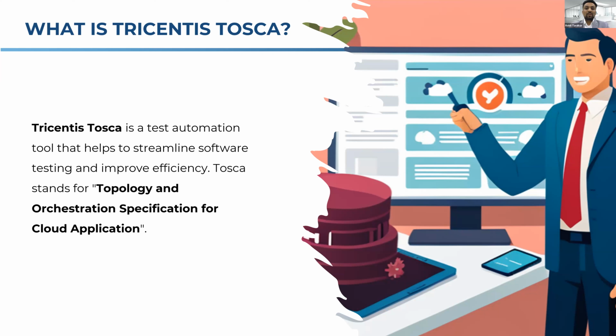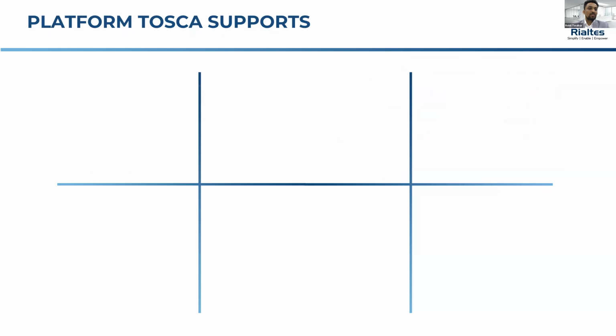It offers a model-based approach to testing, a risk-based testing methodology, and integration with various tools and technologies. Additionally, it provides comprehensive test data management, test case design, and reporting features. TOSCA also stands for Topology and Orchestration Specification for Cloud Applications. Let's move to the next slide.